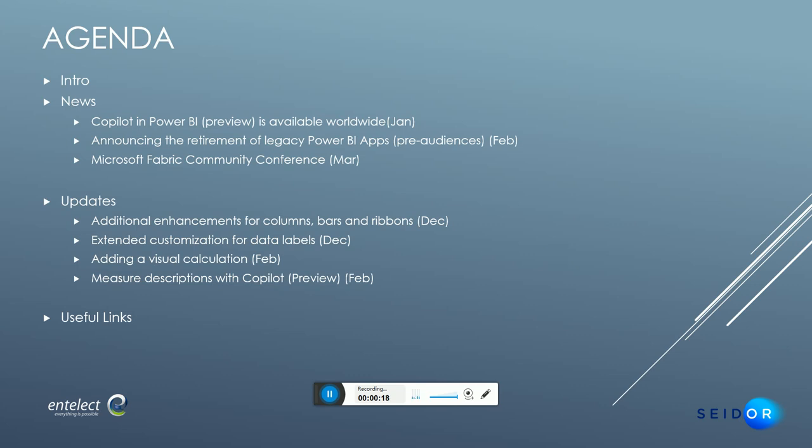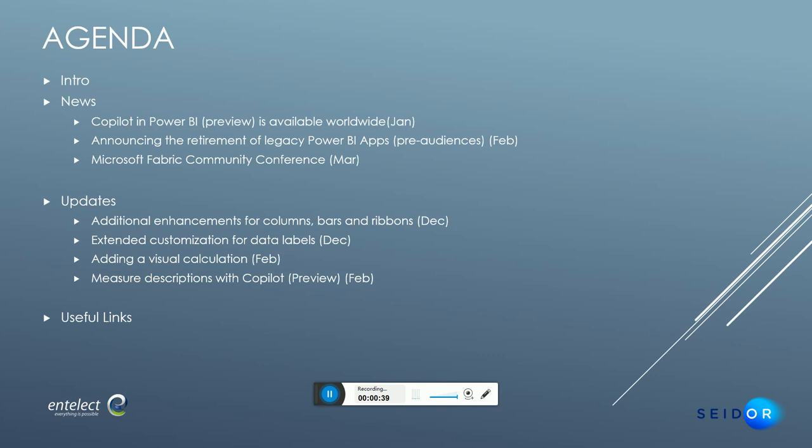Looking at our agenda for this evening, we'll be looking at some introductions, then we'll go into news. There are some topics of discussion there that we'll be looking at, from Copilot in Power BI Preview, announcing the retirement of legacy Power BI apps, and Microsoft Fabric Community Conference.